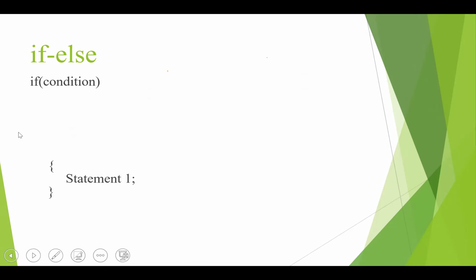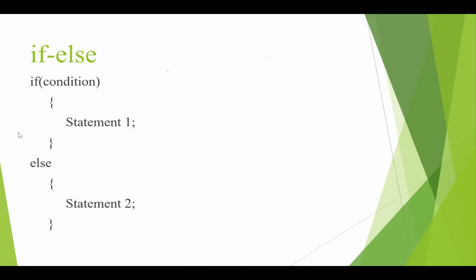The next one is if else. What is the syntax? In brackets we give the condition, and this is the syntax of if else. If the condition is true, then statement 1 is executed.